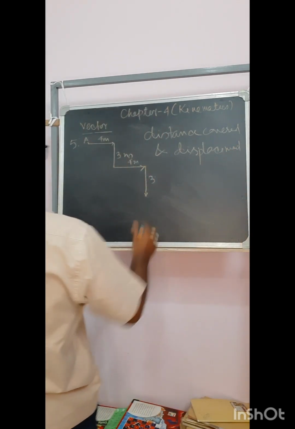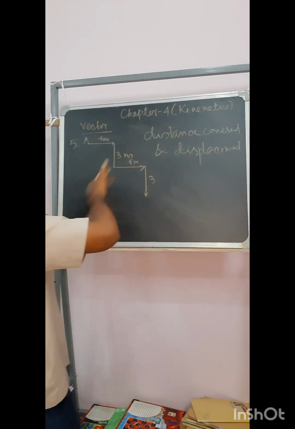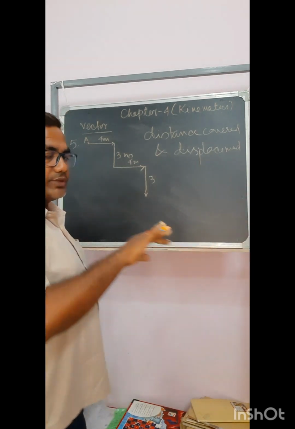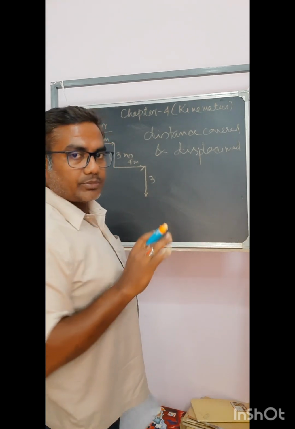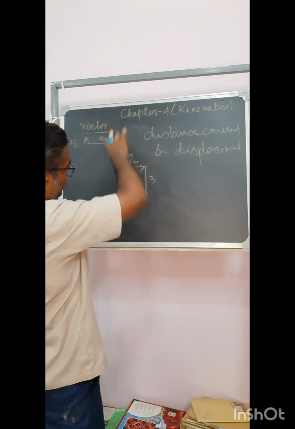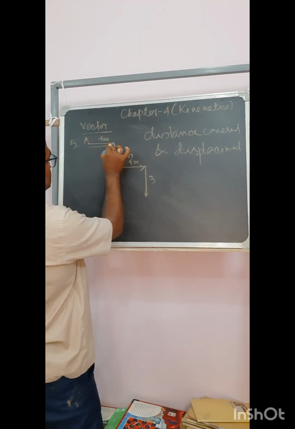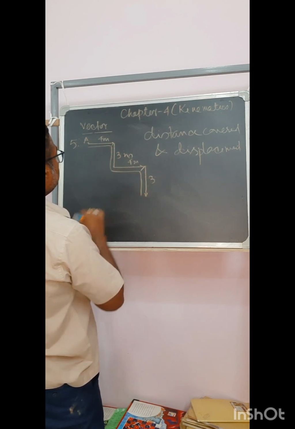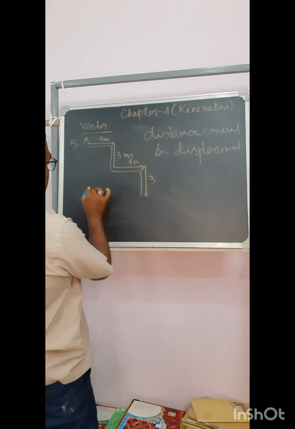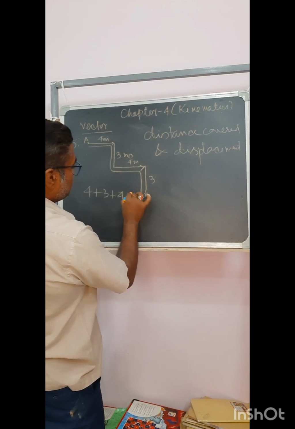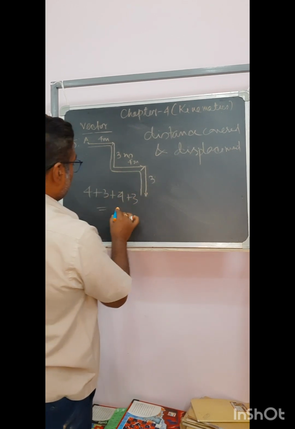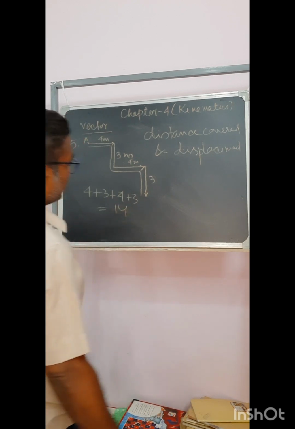As you know, the distance traversed is the actual physical length of the path that he followed. So he has followed this path. What is the length of that? If I add all the distances he covered individually, I will get the total path, which comes to 14.